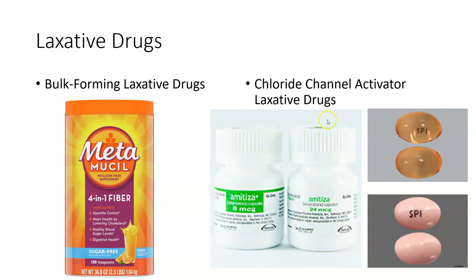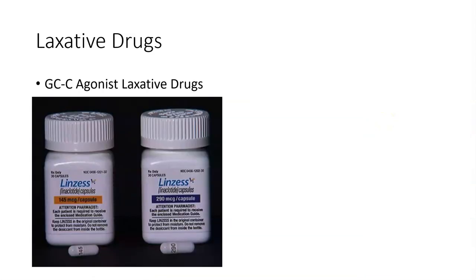Then we have chloride channel activator drugs. We've already talked about Amitiza. It's going to bring fluid into the stool to soften it. So most often we're going to use the chloride channel activator to treat IBS-C. We have this GC-C agonist, which I also just talked about. I did not talk about Linzess.